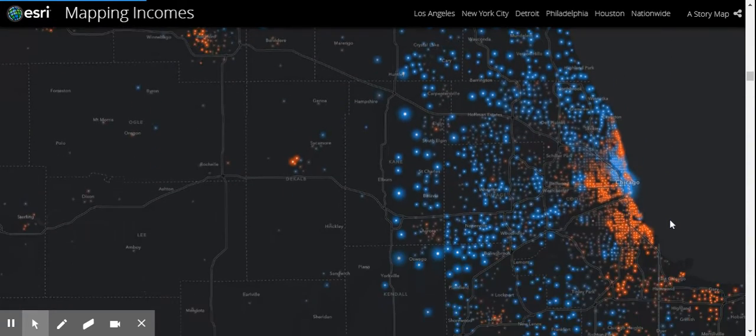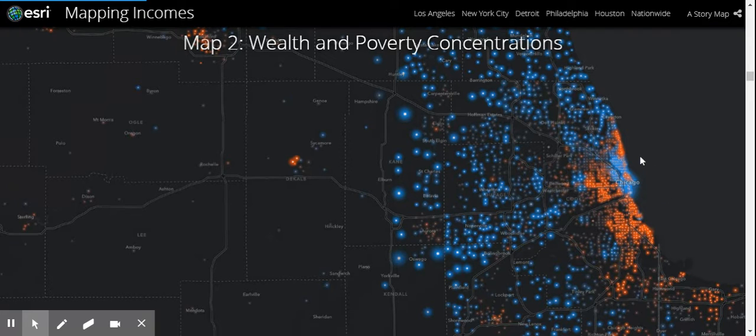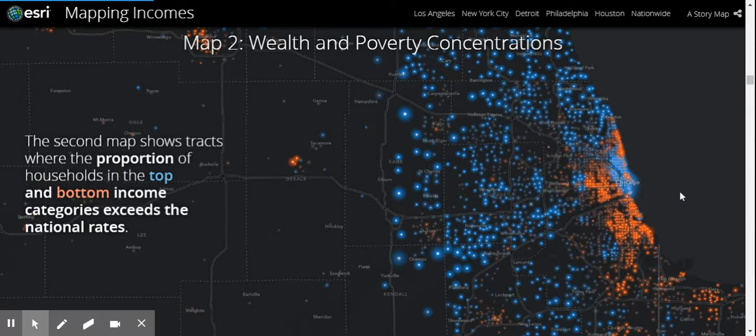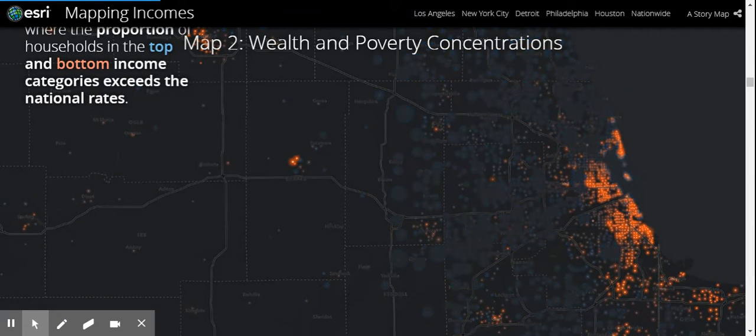This next graph looks at concentration. It compares the amount of people making either over $100,000 or less than $25,000, and compares that percentage of the population to the national average. So if it's highlighted, that means the concentration, the percentage of people in that area making more than $100,000, is way more than the average American concentration of about 25% of the population making more than $100,000 a year.